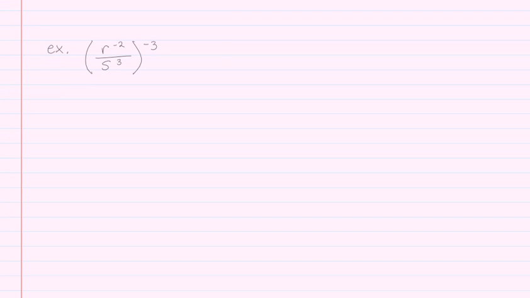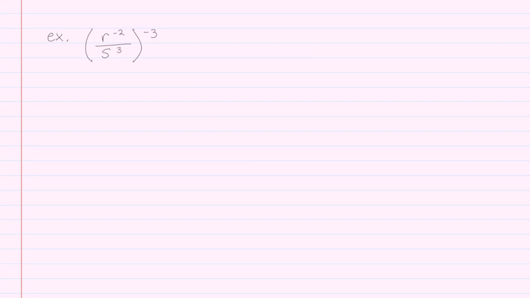Our next example, we have multiple steps for this. So first I'm going to go ahead and use power of a quotient. I'll work in a different order than I did before. Power of a quotient. So what that means is I need to distribute, in a manner of speaking, that exponent to both of the exponents and multiply.